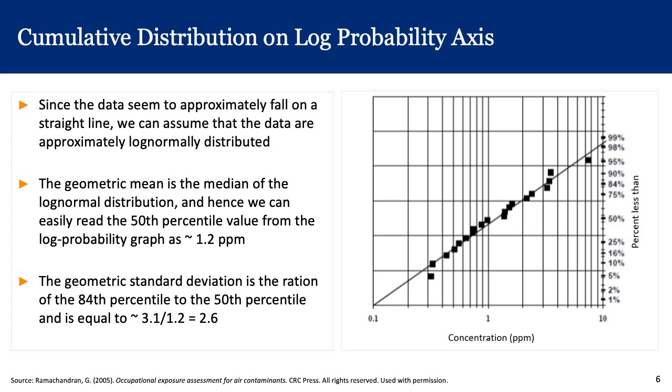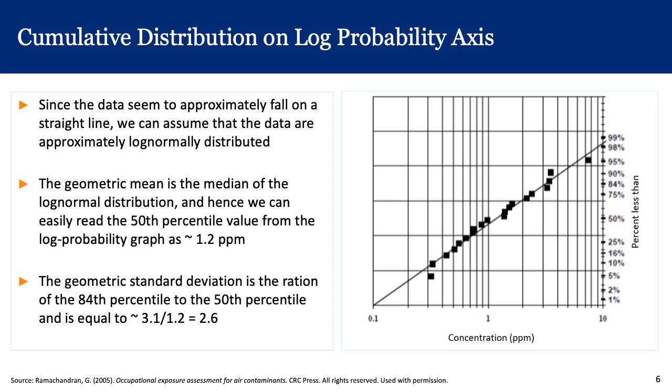Similarly, we can also calculate the geometric standard deviation, which is the ratio of the 84th to the 50th percentile. So if we go to the 84th percentile, which is conveniently marked for us in the log probability plot, that corresponds to 3.1 parts per million, and the 50th percentile is 1.2.